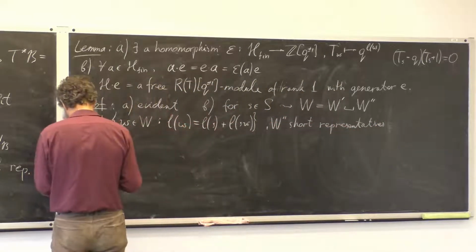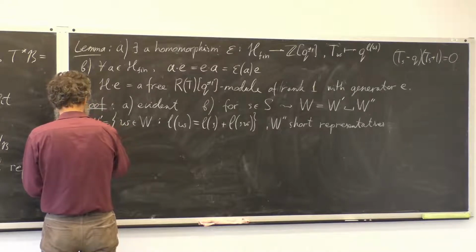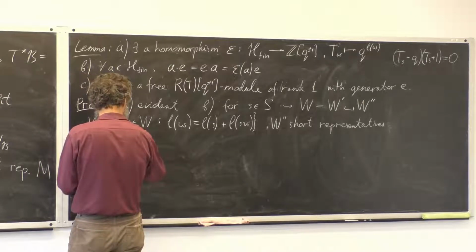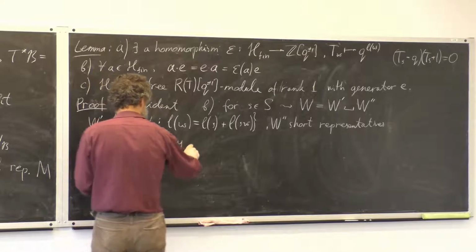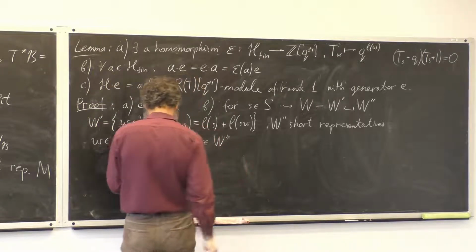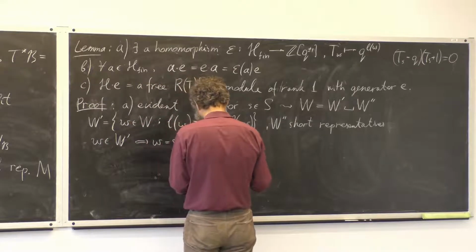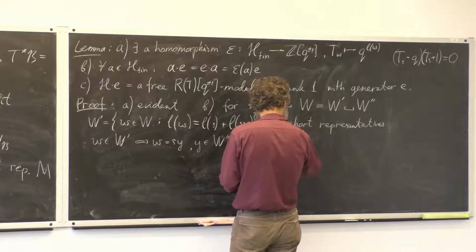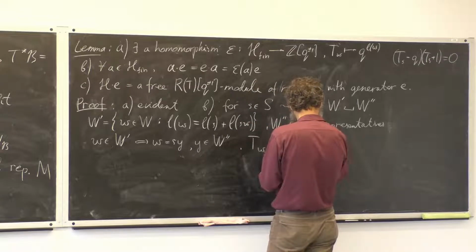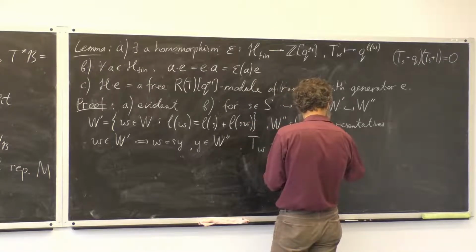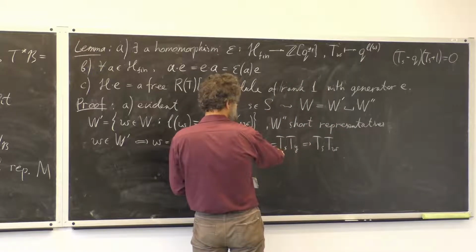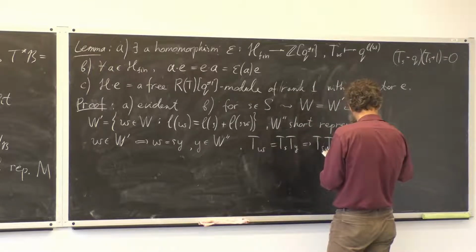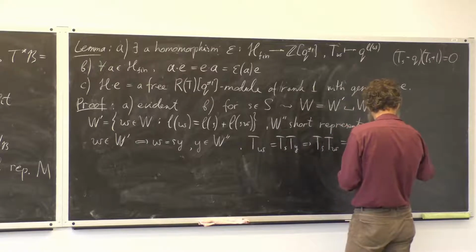Okay, and if we have an element in W prime, then W equals Sy for Y in W double prime, and then we have TW is TS times TY, and hence TS times TW is TS squared TY, but for TS squared we have this equation, so it equals Q minus 1 times TW plus Q TY.